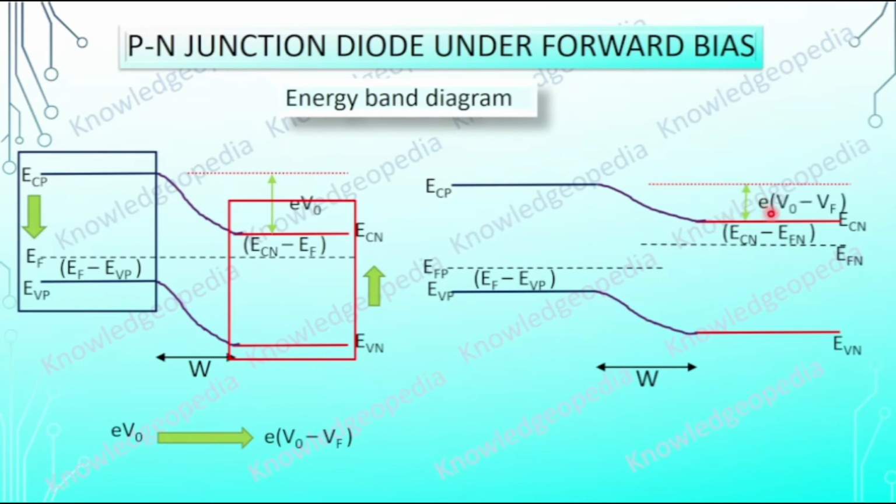That is equal to e(V0 minus Vf). Looking into this, can you tell me the net amount through which the energy bands get shifted? The relative displacement is equal to eVf. Earlier the separation between these two was 0. Now they are separated by an amount eVf.